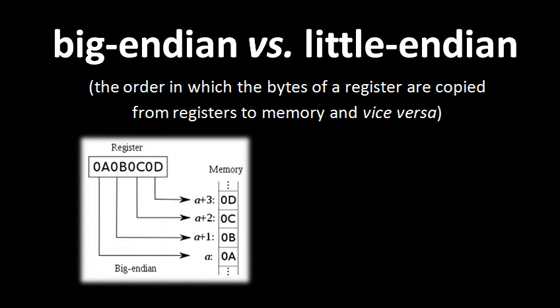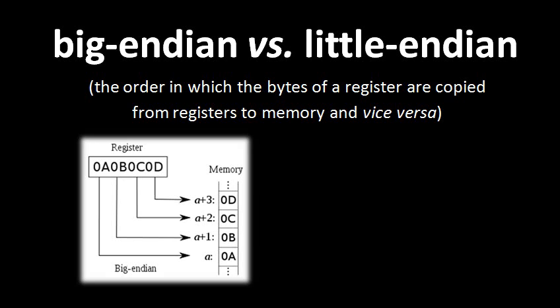bytes 0A, 0B, 0C, 0D, when the CPU then executes the instruction copy that register to address A, the 4 bytes of the register are then copied to the 4 bytes starting at address A in this manner, with the most significant byte, the big end 0A, copied to the first byte of the address, the second byte 0B copied to the next address in memory, and then the third byte copied, and then finally the last byte of the register copied.